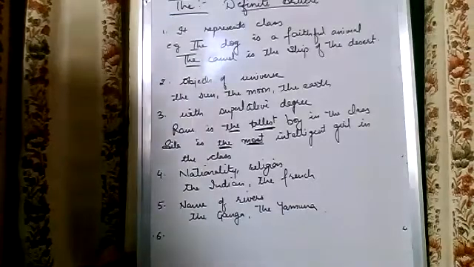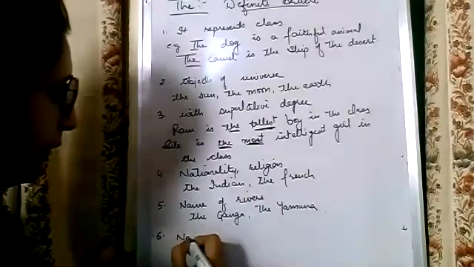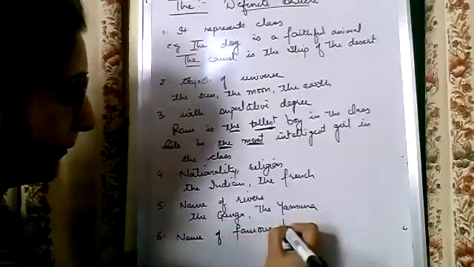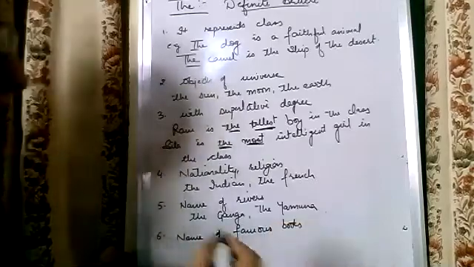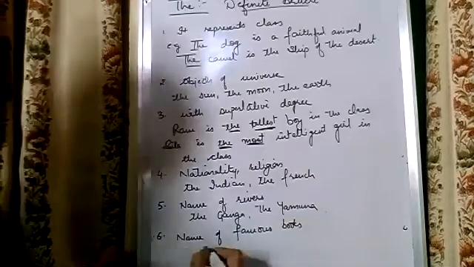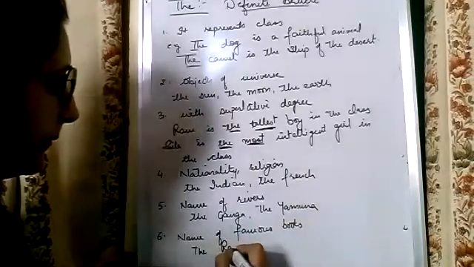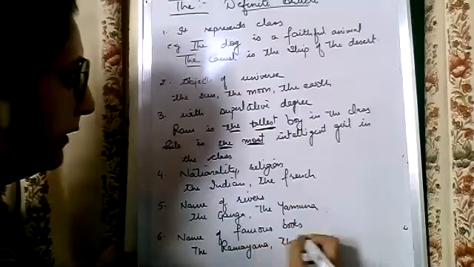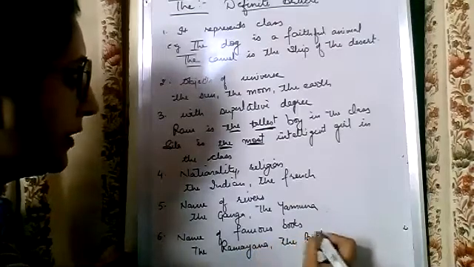Next afterwards, names of famous books. With names of some famous books also, for example, the Bible, the Quran, the Guru Granth Sahib, the Ramayana. These are the names of famous books.